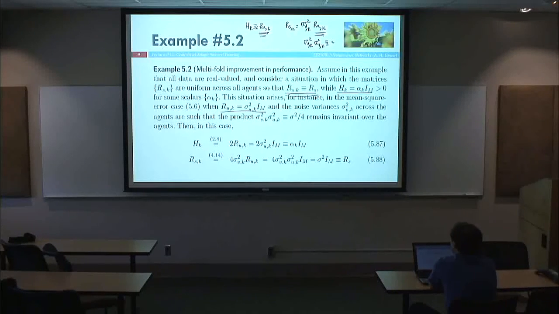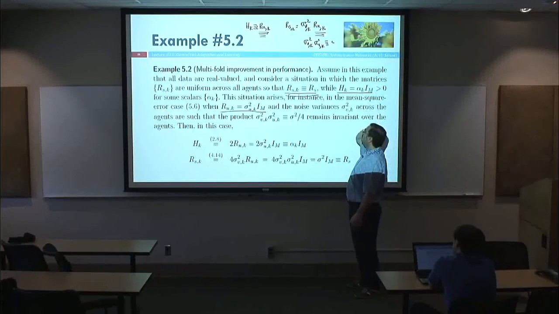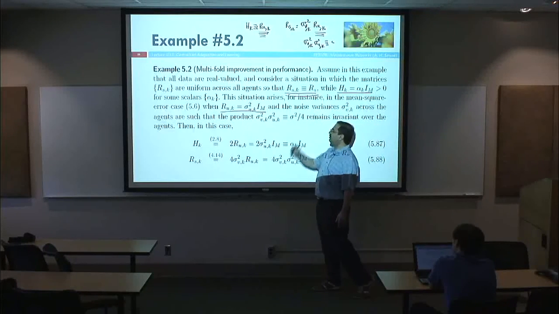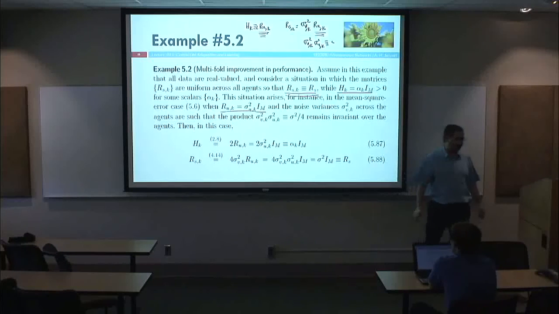So I'm just showing you an example where this condition is satisfied. Understood? So the Hessian matrices are multiples of the identity, and the gradient noise covariances are uniform across the nodes. Here it is. I'm showing you that this happens in the mean square error case, for particular, of course, if you choose this product to be a constant.